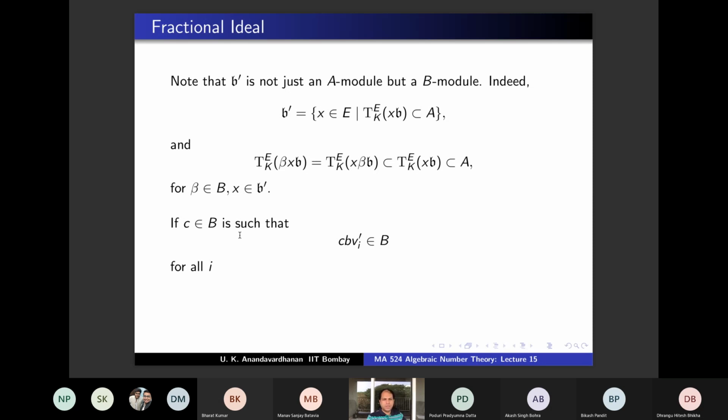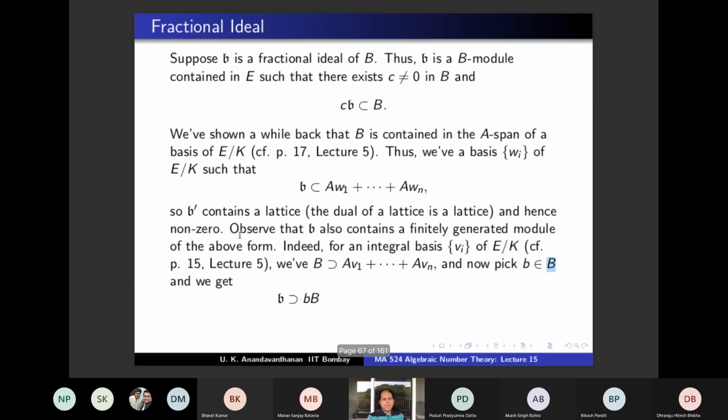You make the dual basis integral for all i. Vi prime: whenever I put prime for a basis, that's a dual basis. So Vi is the basis of E over K, but I have chosen Vi to be integral, meaning the Vi's are also integral elements. So Vi belongs to B, but it's a basis of E over K.